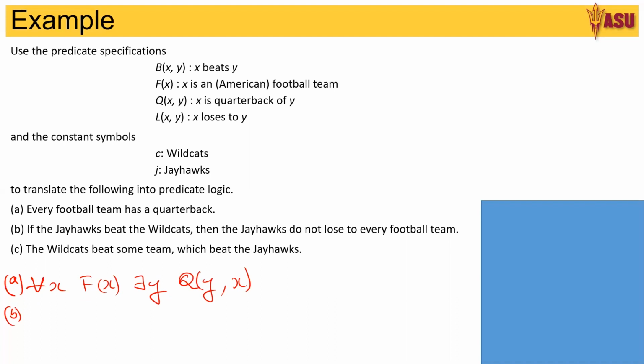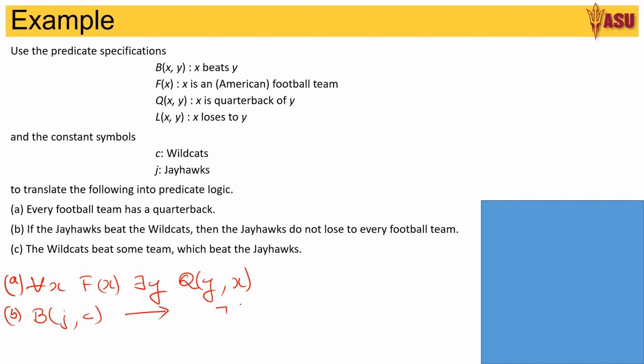Second one: if Jayhawks beat Wildcats. Beat is given by B of X comma Y, Wildcats is given by C, and Jayhawks is given by J. So if Jayhawks beat Wildcats, then Jayhawks do not lose to every football team. J beats C implies Jayhawks do not lose to every football team.